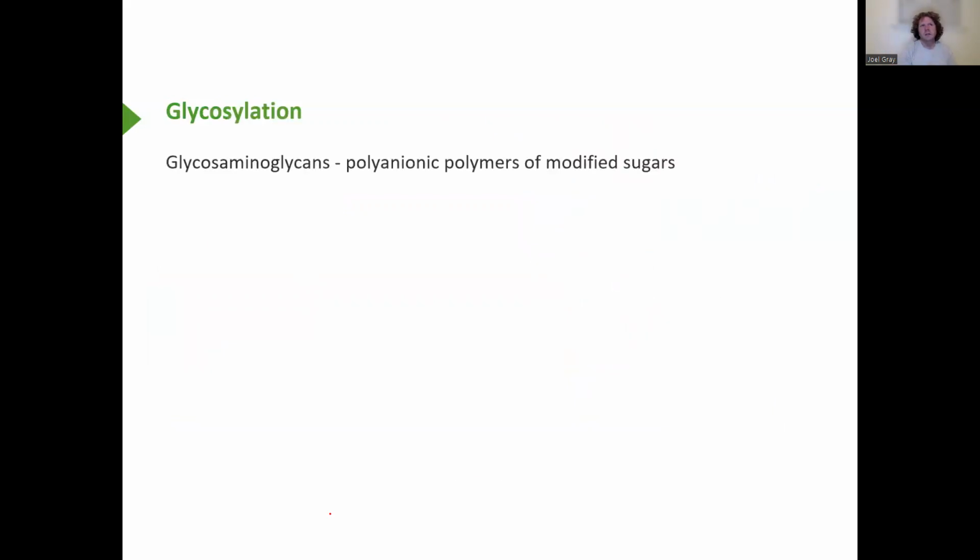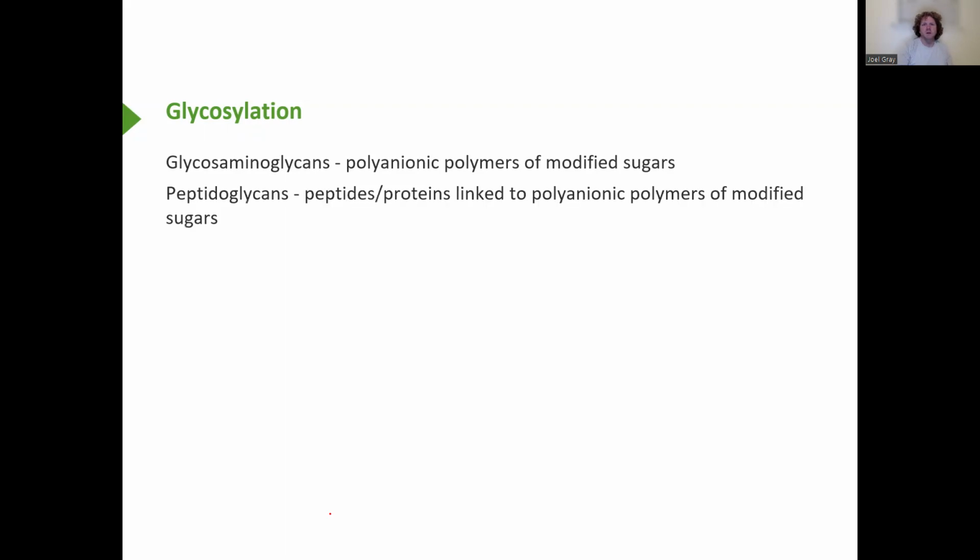Glycosylation is the addition of a sugar to a protein. Glycosaminoglycans are polyanionic polymers of modified sugars. Okay, so let's break that down a little bit. Polyanionic polymers of modified sugars. So we have a sugar that's been modified, and we have polymers of that modified sugar that have multiple negative charges on them.